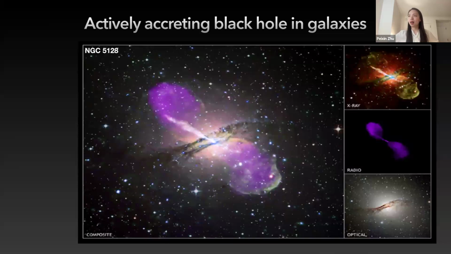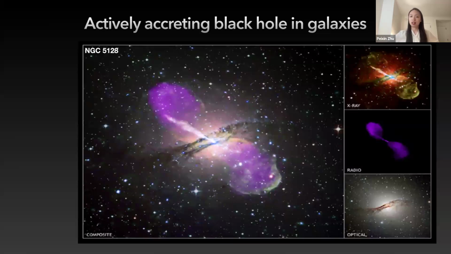And by combining these three multi-wavelength images together, we can reveal the structure of this galaxy, NGC 5128. This is a nearby galaxy that is known to have a very dusty dust lane that penetrates across the galaxy center.